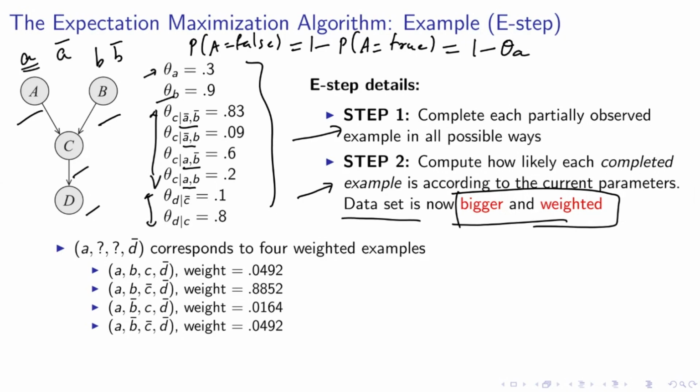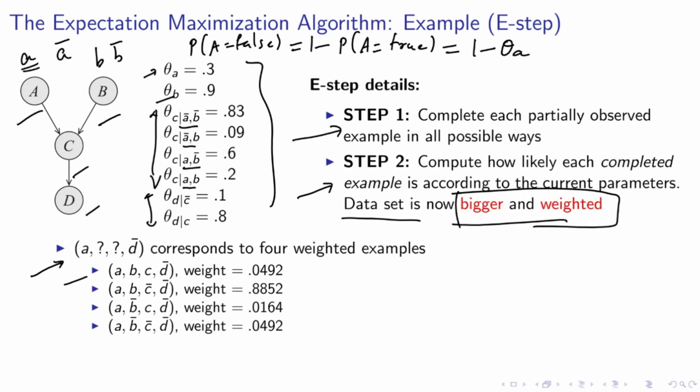To demonstrate this, I'm going to use a data instance. Let's say A, question mark, D bar is the data instance, and in the first step we'll complete the data instance in all possible ways.